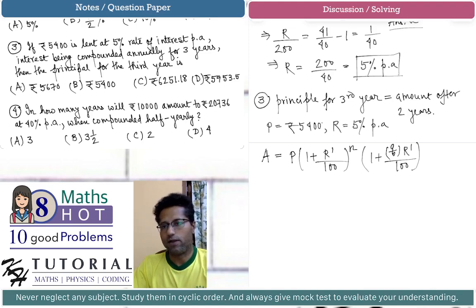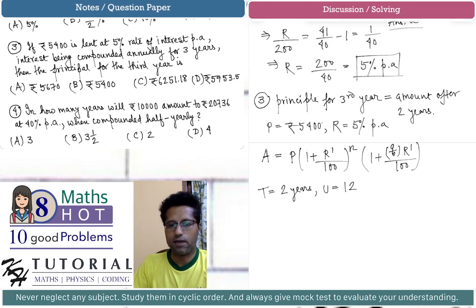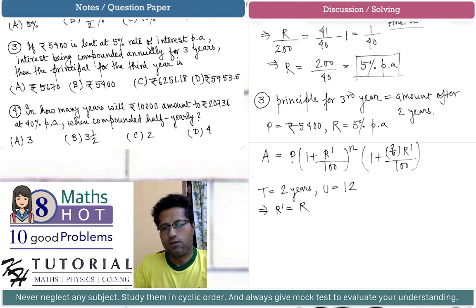since we have to find the amount after 2 years, t is equal to 2 years, and u is equal to 12. Since the interest is being compounded annually, R dash will be equal to R, which is equal to 5.